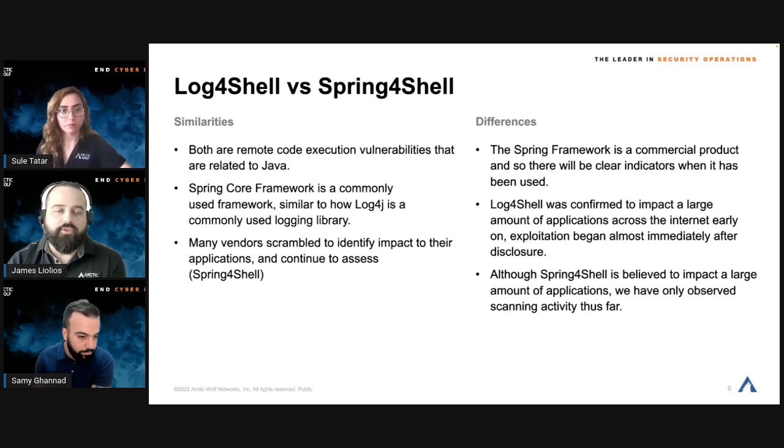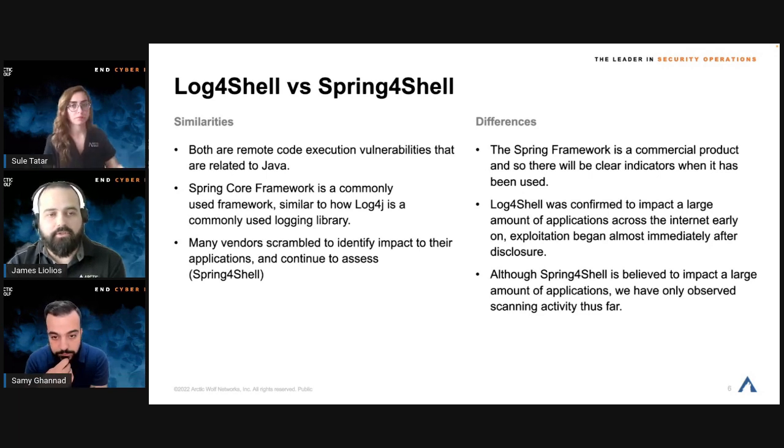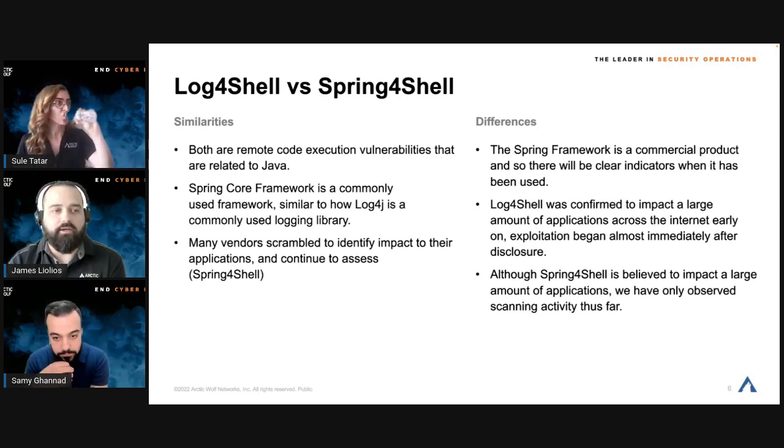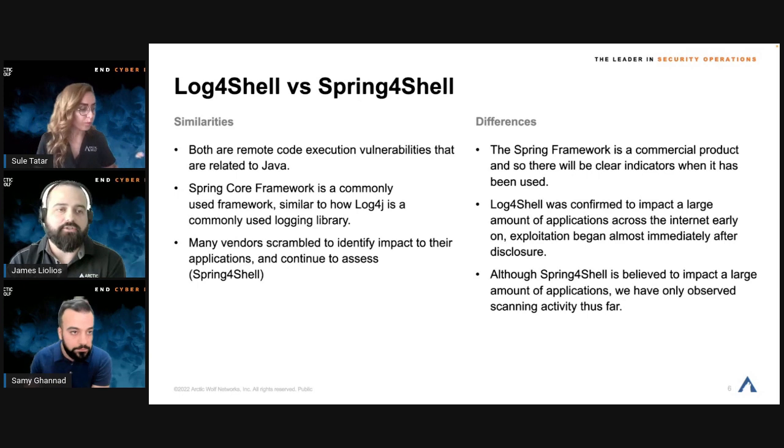With Log4Shell, there were a lot of vendors that put out advisories outlining their exposure as to whether they were impacted with their products, and this process took anywhere from weeks to months for them to discover if their product was vulnerable. We suspect that vendors right now are doing something similar by scrambling to identify the impact of Spring4Shell to their applications, and we expect them to continue to assess this for the weeks to come.